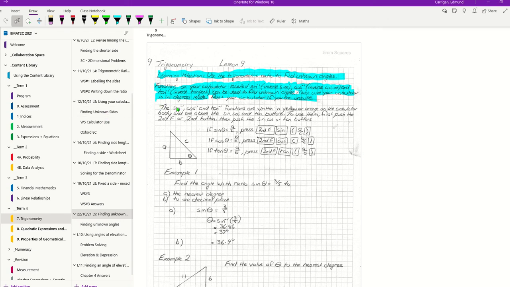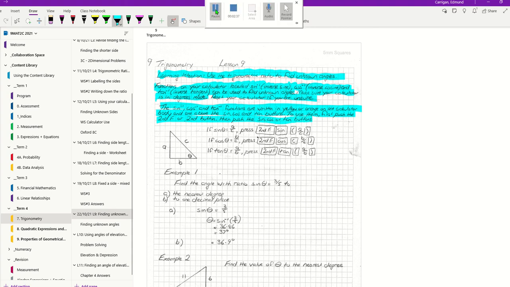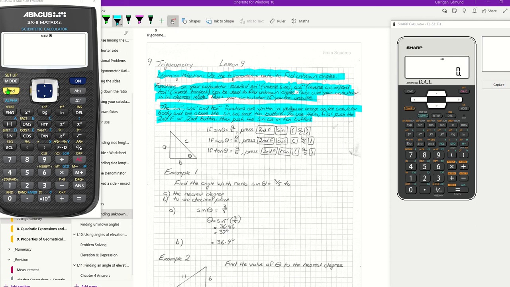The sine minus 1, cos minus 1, or inverse sine, inverse cos, as it's also called, and the inverse tan functions are written in yellow and orange on the calculator body above the sine, cos and tan buttons. To use them, first push the second F or second button, then push the sine, cos or tan button. I'll just bring up the Abacus one as well. The Abacus one has second on it in yellow, and the functions are in yellow. This one over here is all orange. You use the second function.